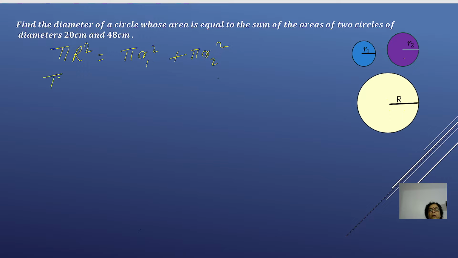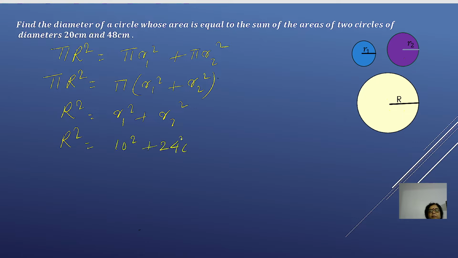Now this pi can be eliminated from both the sides by taking it out as common factor over here on the right hand side. So we get here R square is equal to r1 square plus r2 square. Now putting the values here, R square is equal to 10 square plus 24 square.